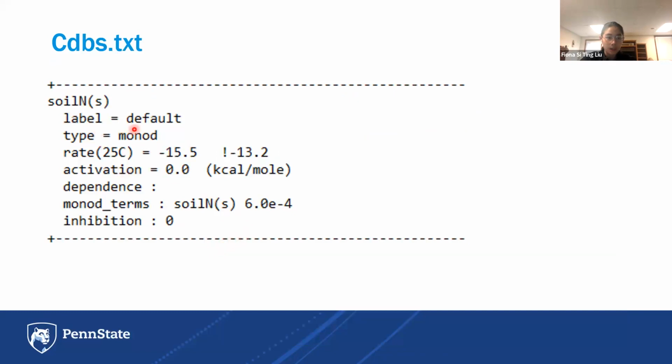And then some important types: this is indicating that the mineral kinetic is monod. We defined K rates in log form as well as monod terms. So with these three components, we have the chem.txt file set up for the soil and leaching process.